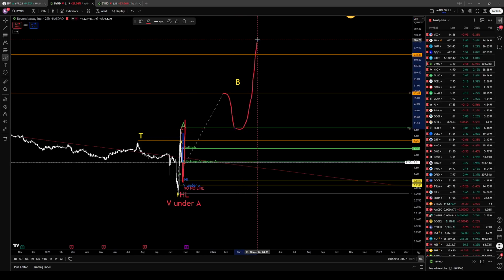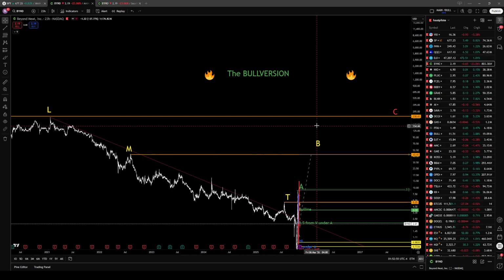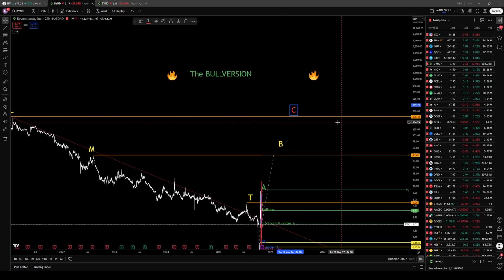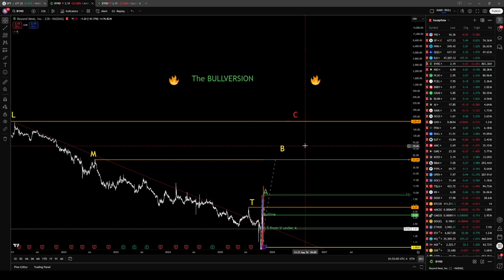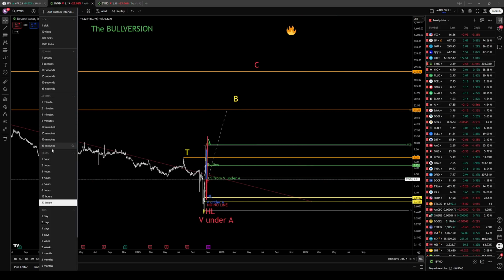We would bounce there, and then we would go to C. And then the only question is, are we doing a higher high, so breaking all-time highs, or are we rejecting and making a lower peak, most likely.